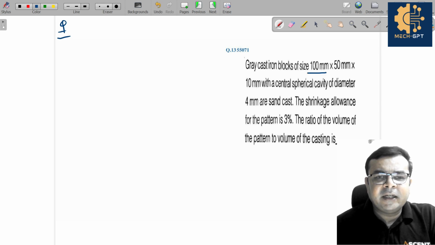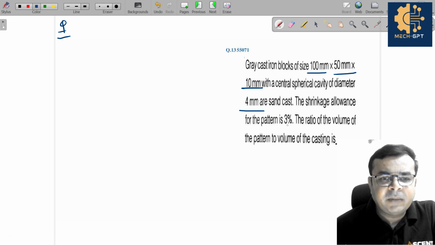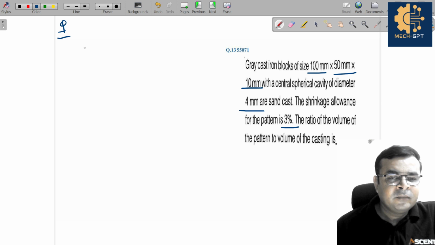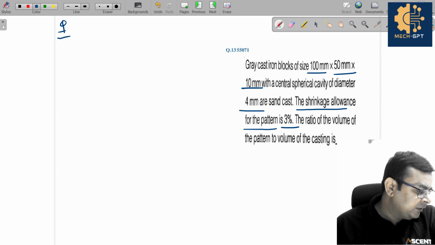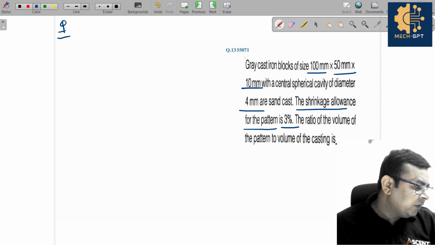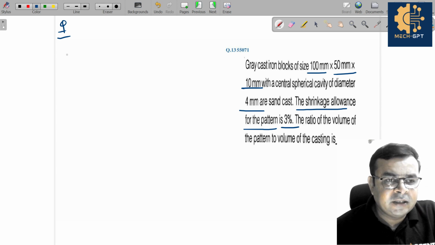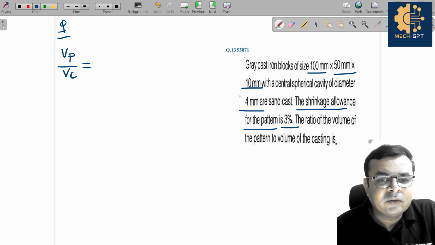A gray cast iron block of size 100 mm by 50 mm by 10 mm with a central spherical cavity of diameter 4 mm is sand cast. The shrinkage allowance for the pattern is 3%. The ratio of the volume of the pattern to the volume of the casting is... So you can see here, the shrinkage allowance is given, that is 3%.